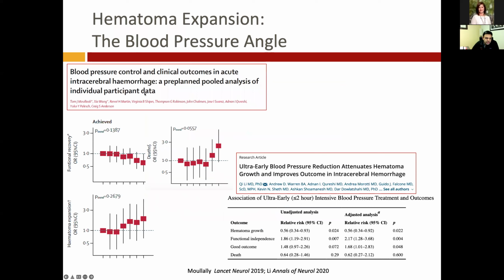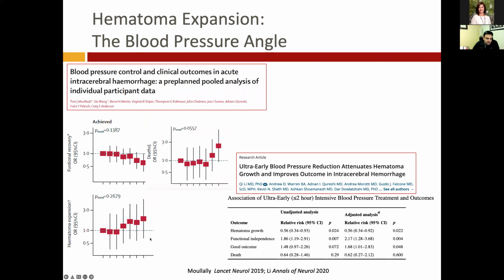The most important thing is not just controlling the blood pressure, but you want to control fluctuations in blood pressure. So it is the blood pressure variability that is actually worse for patients with ICH in the first 24 hours rather than just hitting one number, because we know that even nicardipine is not very effective in just keeping the blood pressure tightly controlled.